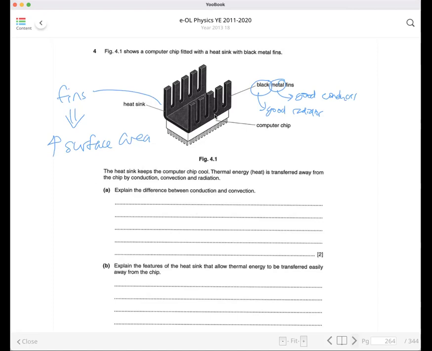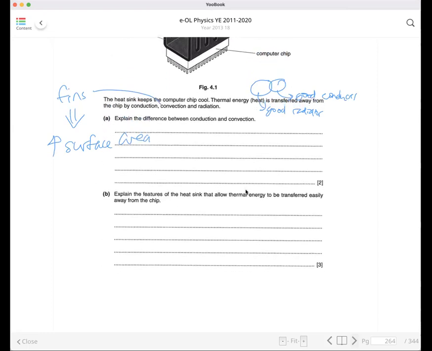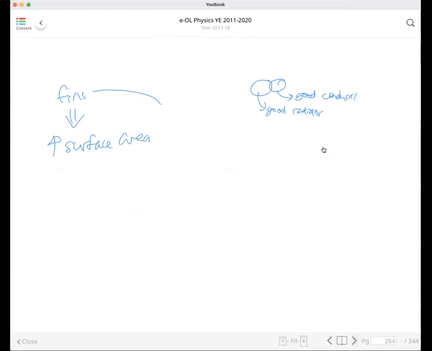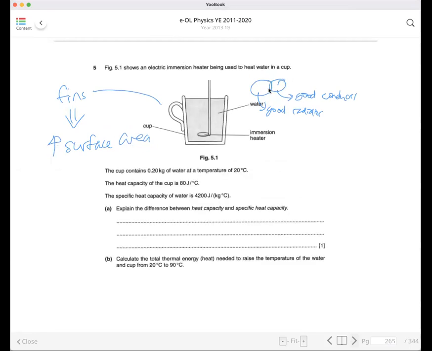Does it make sense to you? Okay, I'll just move on quickly. So the three things I need to mention are the black, metal, and the fin. Okay, let's do this question.